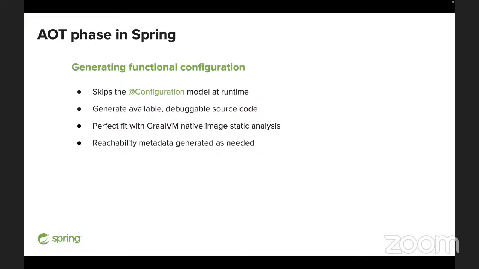So concretely, the AOT phase in Spring looks at your configuration classes, parses them, and generates some source code so that you can easily look at the output. You can also debug the output if needed. And it simplifies what GraalVM does a lot. Maybe I should first say what GraalVM does.